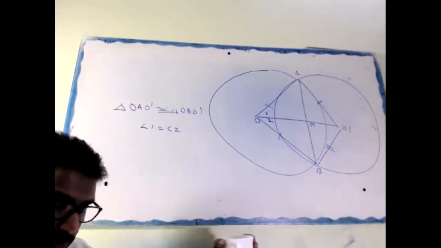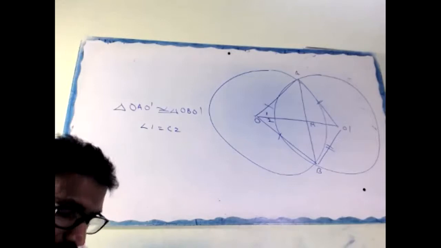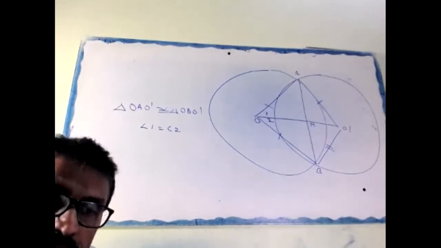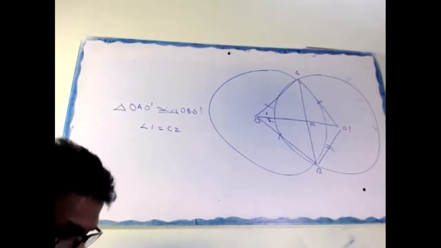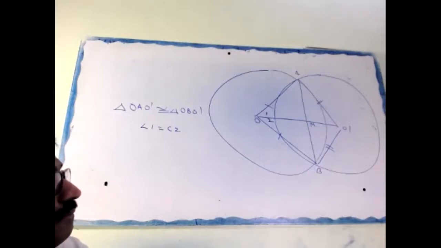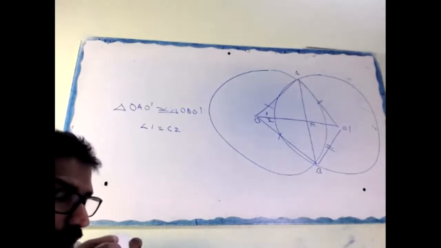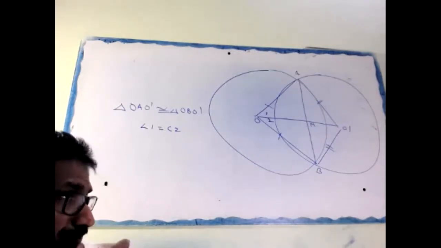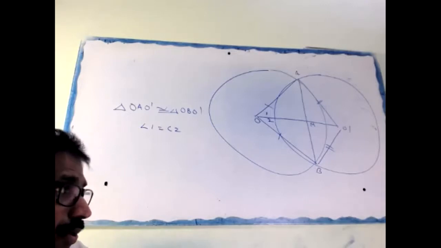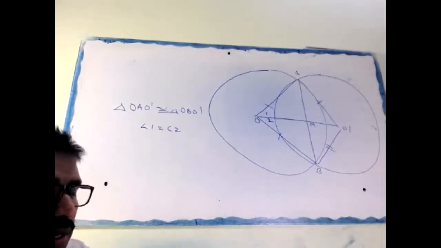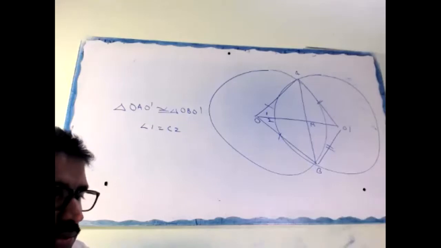Why? What is the reason? Radii of the same circle. Then O dash A equal to O dash B, same reason, radii of the same circle. Then O O dash equal to O O dash, common.